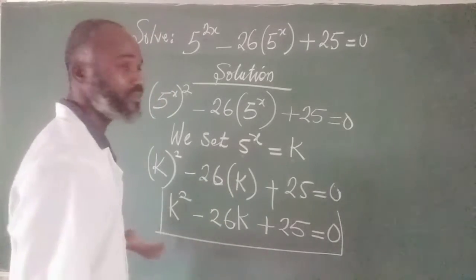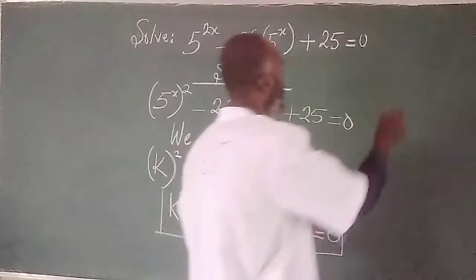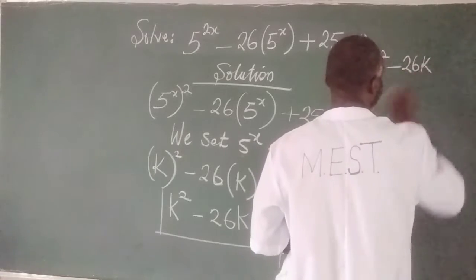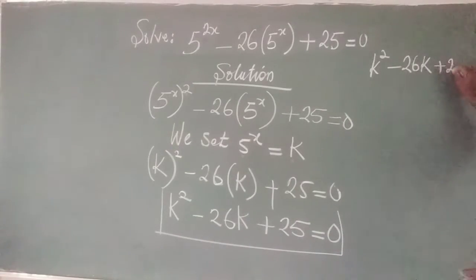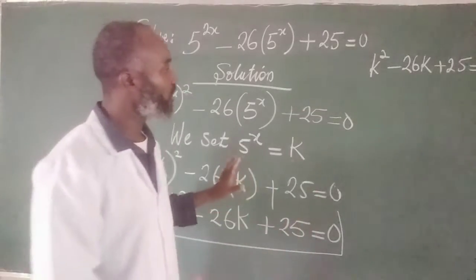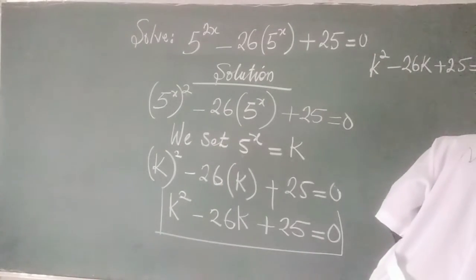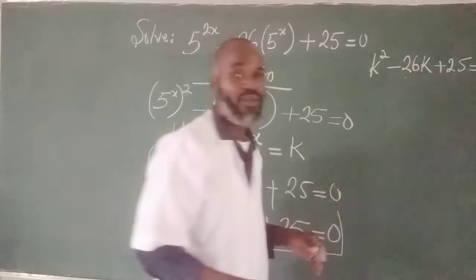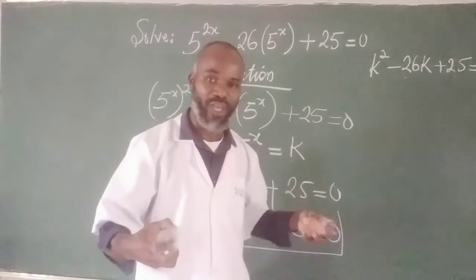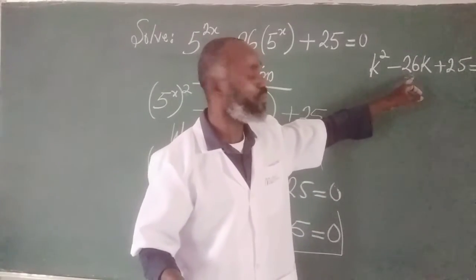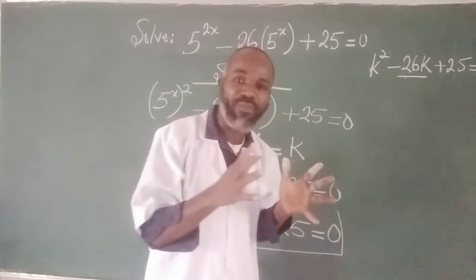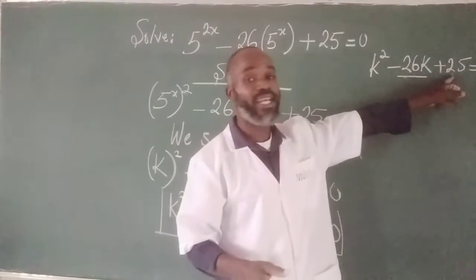So very simple. The next thing, we bring the equation out: k squared minus 26k plus 25 all equal to 0. The next step has to do with finding two numbers that when we add them will give us the middle term, minus 26, and when we multiply them, we have the constant term, 25.